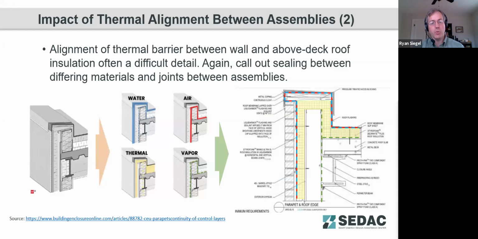So one material can have multiple control layer jobs. And so again, making sure that we're calling out any dissimilar materials and how they're going to be sealed along with that air barrier. We want to make sure that this air barrier really is fully continuous all the way through.